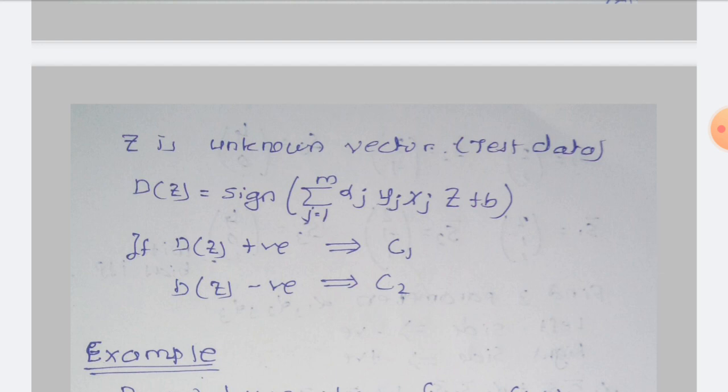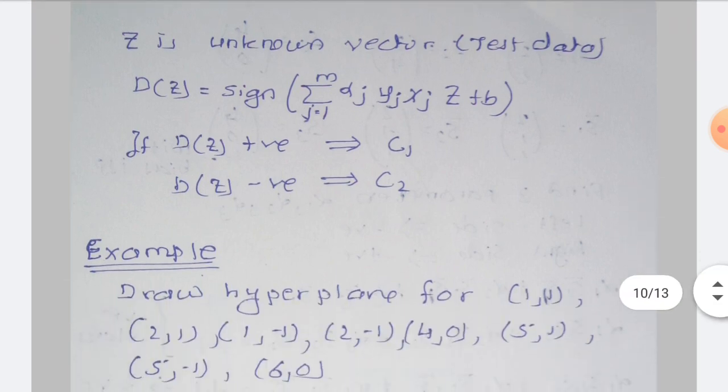Here we have seen how to derive the equation for the support vector machine. Now we'll directly solve an example on linear SVM. The question is: draw the hyperplane for the given points.